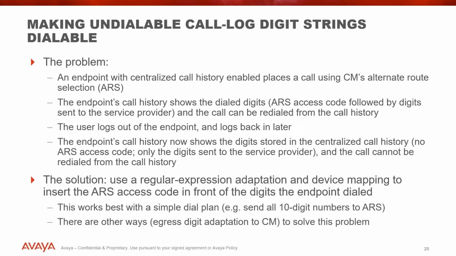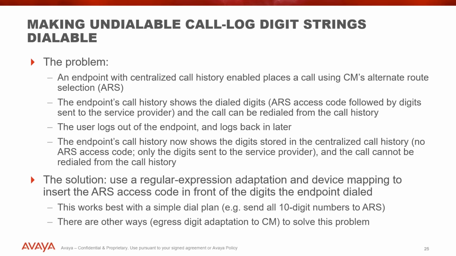Now, if you happen to have the sort of enterprise where everybody logs out of their endpoint when they go home at night, you'll notice that when you log back in the next day, the endpoint's call history is not what was locally maintained on the endpoint, but rather it's what the endpoint received from Session Manager.